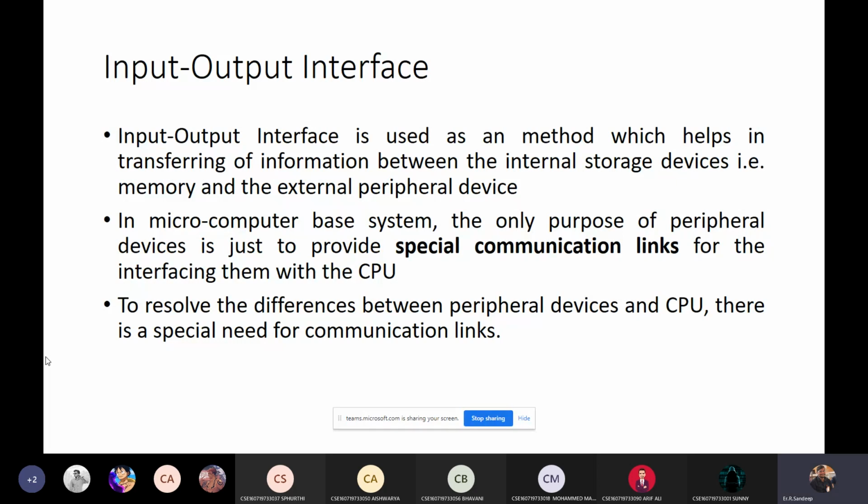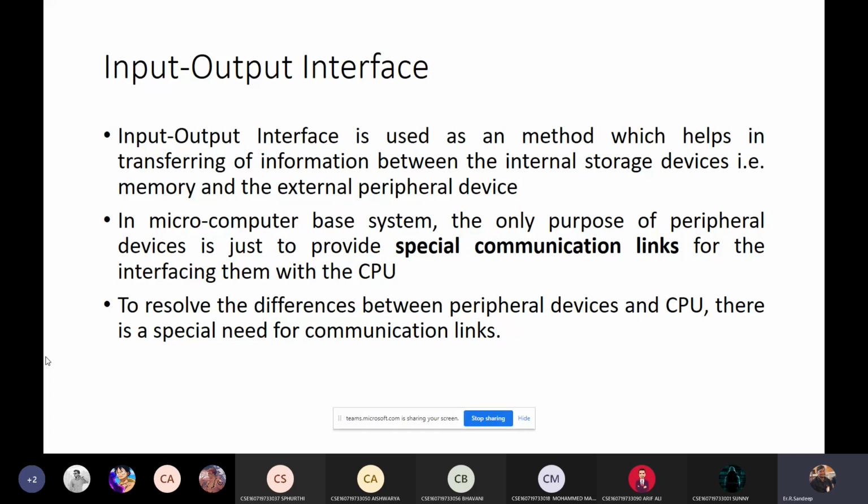Input output interface is used as a method which helps us in transferring information from internal storage devices to external storage devices. For example, an internal storage device like a hard disk or the memory registers is where we are going to store the data. The external peripheral devices are those which we need to carry, like a USB or an external hard disk, and any kind of medium we use in day-to-day life for carrying data.